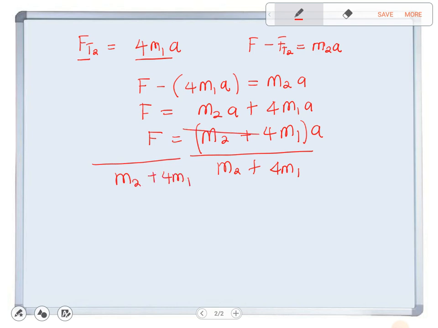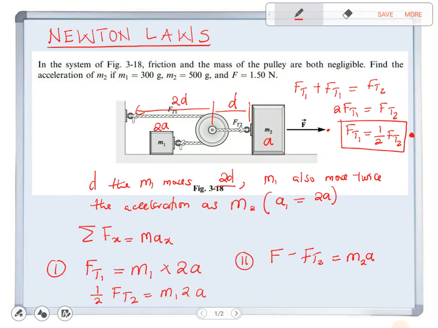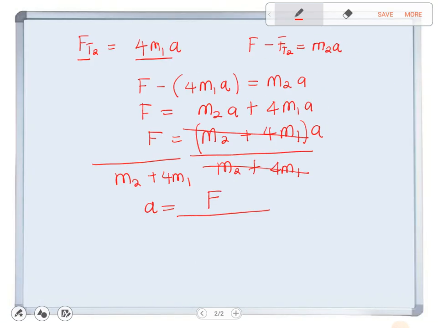So we get to eliminate that, and our acceleration, which we are looking for now, is F over M2 plus 4M1. Remember that the acceleration of this one is half of this one, but the acceleration of this one is twice this one. So what are we going to put here? M2 plus 4M1.